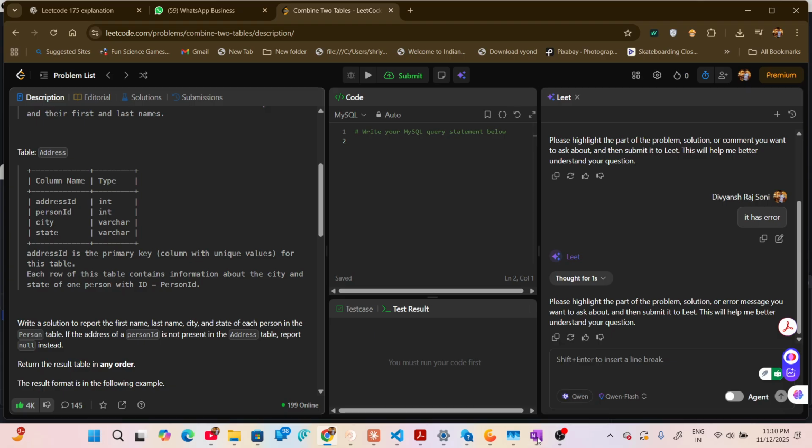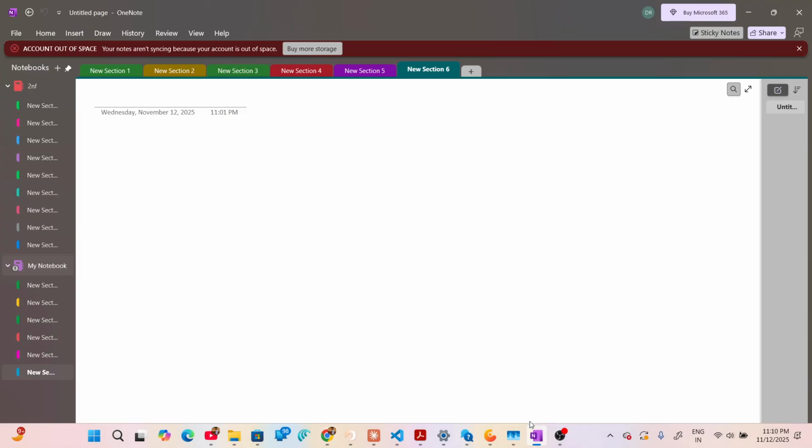So I am using OneNote. The problem statement is that there are two tables given to us, the Person table and the Address table.